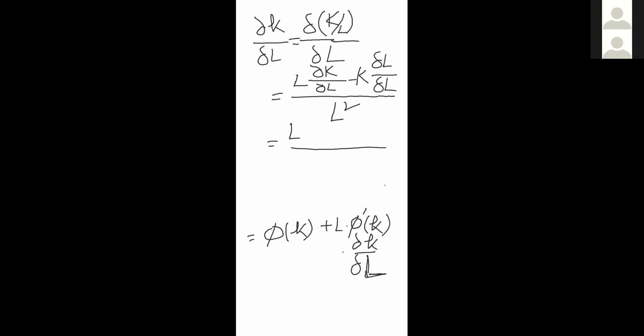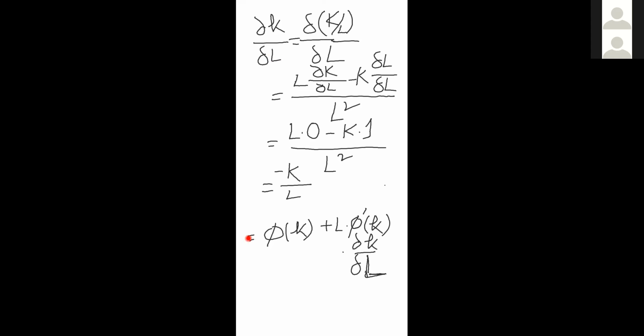So we can write here L into 0, minus K into del L by del L, which means 1. So del small k divided by del L means minus k by L square. We just have to put this value here.